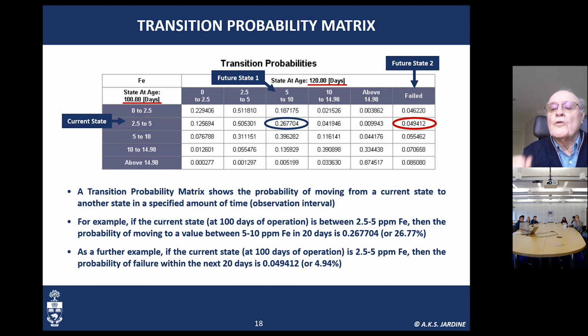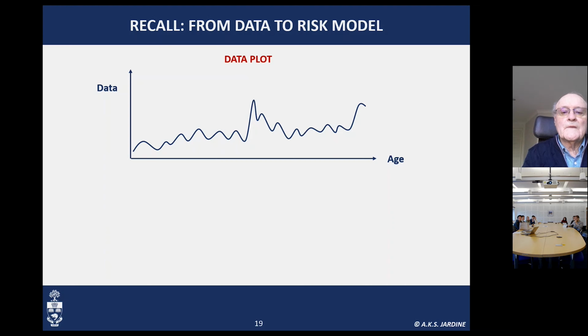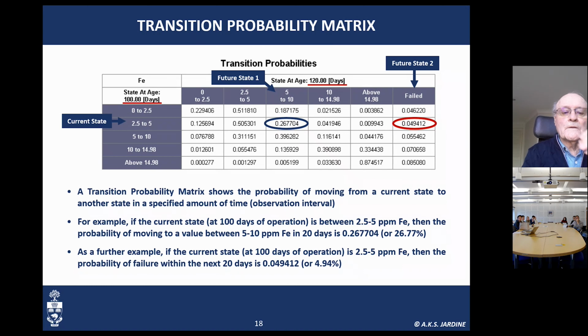There's a 4.9% chance that it goes from the current state to the failed state in around 20 days. So these are transition probabilities we need to get from our data. And if you've got lots of data, you can get these transition probabilities from the data. They're not calculated, it's from your data. So that's what I want to say about transition probabilities.